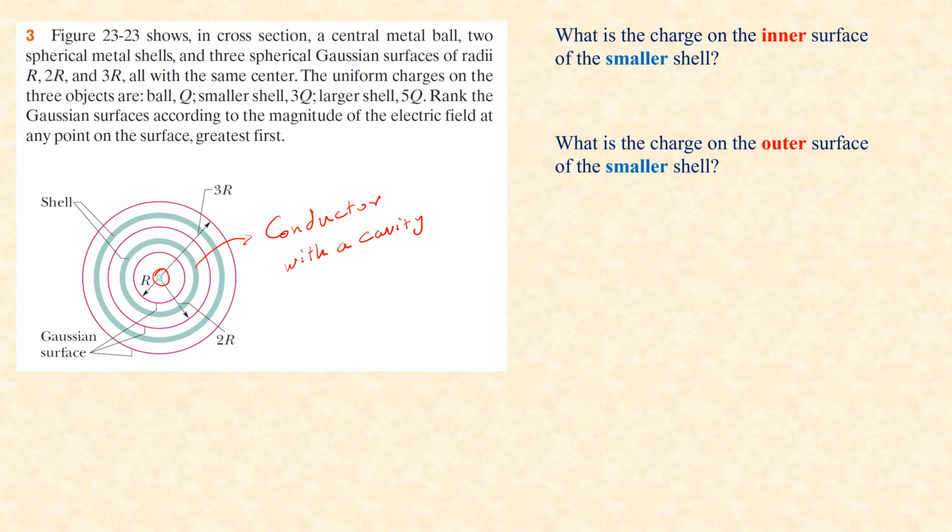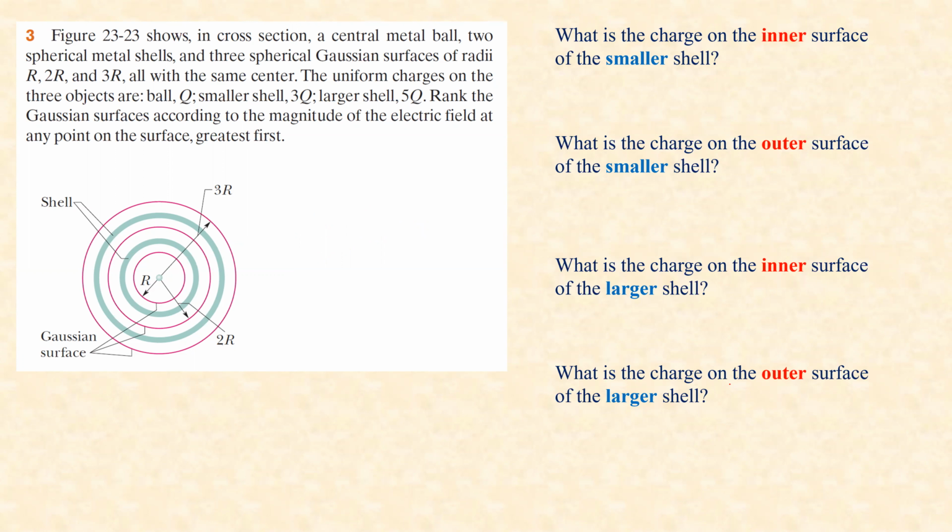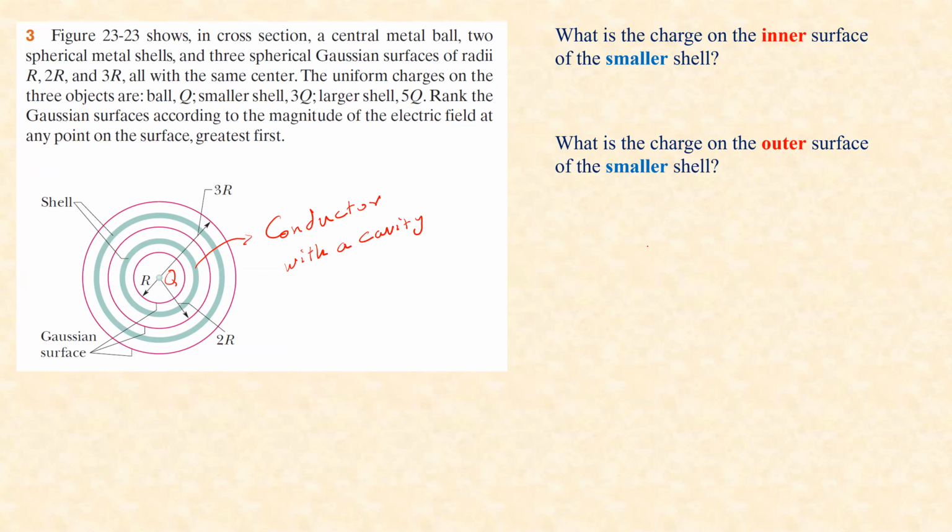So what do you think if there's a charge Q inside here? What is on the inner surface? Yeah, on the inner surface will be negative Q, right? If I draw the shell a little bit bigger, this is the outer surface, this is the inner surface, and this is charge Q here.